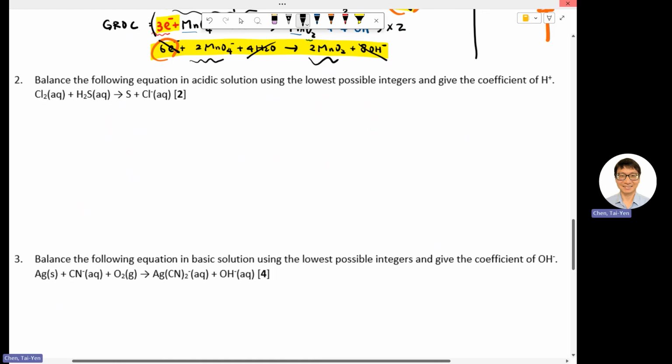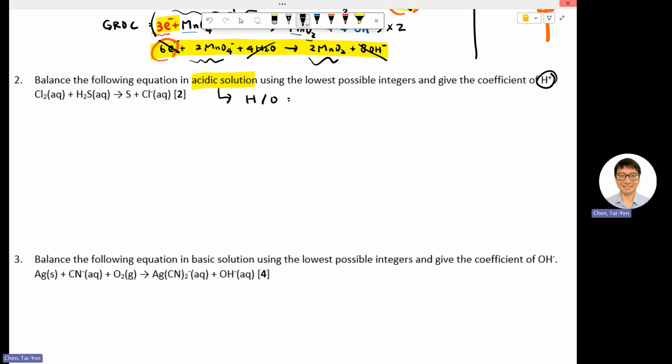The second question says, balance the following equation in acidic solution, using the lowest possible integers, and give the coefficient of H+. So you need to find out the coefficient in front of H+, right? So first things first, since you have acidic solution, if you want to compensate the missing H, you use H+. If you want to compensate the missing O, you use H2O. Okay, so this is the first thing that we need to know.